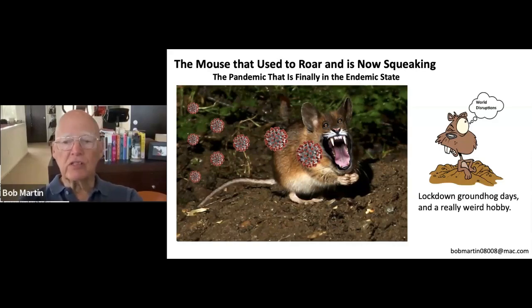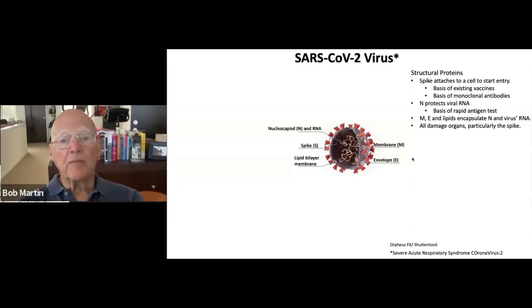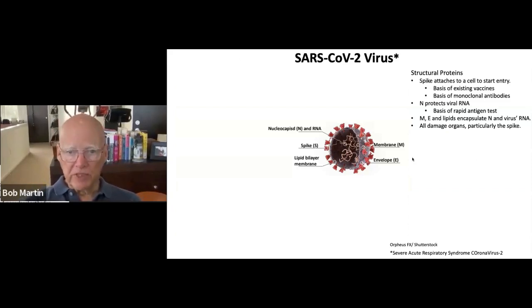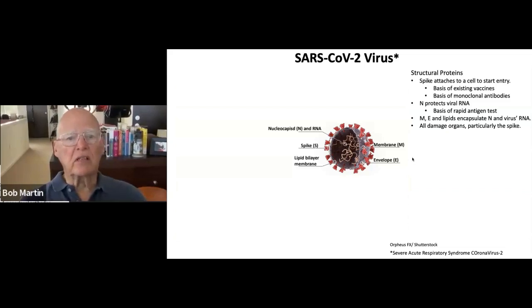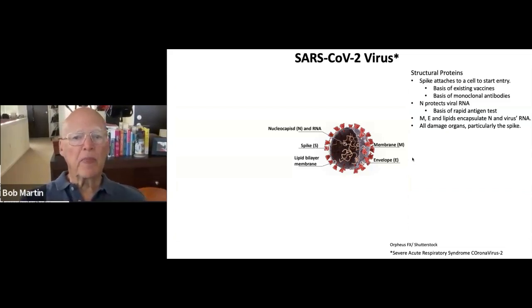I started this as something to do during lockdown, and that was just a really weird hobby. A little bit of background. This is the virus. It has four structural proteins. These are the things you always see in the picture. The spike, the one we've heard most about, the basis of the vaccines and most of the therapeutics, or many of them.